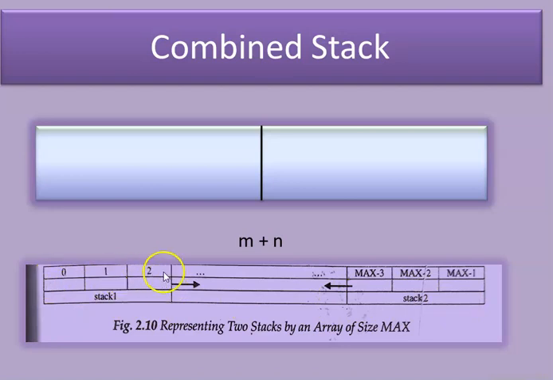We are incrementing indices for push operation and decrementing indices for pop operation. While if we come to the next stack, which is towards the end of the array, then we are decrementing the stack indices for push operation and incrementing the indices for pop operation.